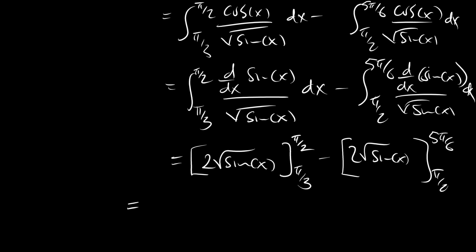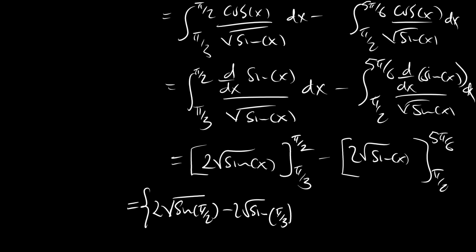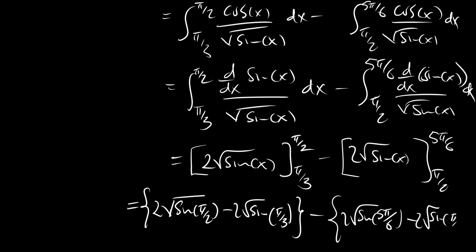So this becomes 2 square root of sine of pi over 2 minus 2 square root of sine of pi over 3, minus 2 square root of sine of 5 pi over 6 minus 2 square root of sine of pi over 2.